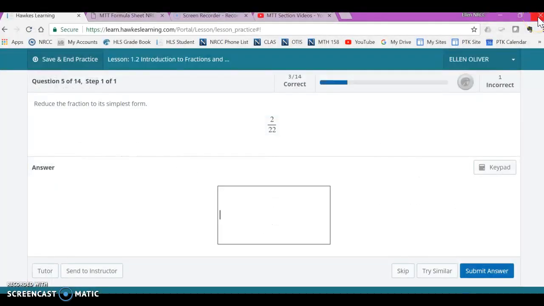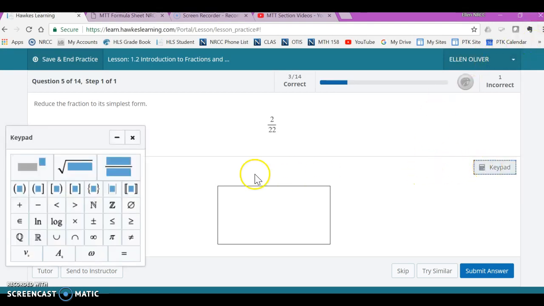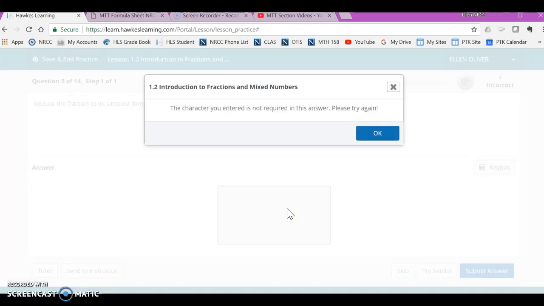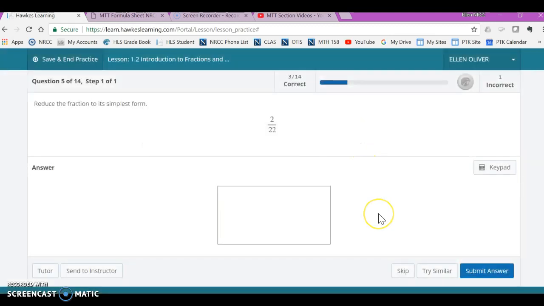See if it will let me do that. All right, I need to write it as a fraction, so I'm going to use my fraction bar on my computer screen to create a fraction. There's 2 ways to do it. I can do my keypad and create a fraction like that, or I can just hit my division bar on my screen. Okay, that won't let me do it. I have a different computer screen than you guys. There we go.